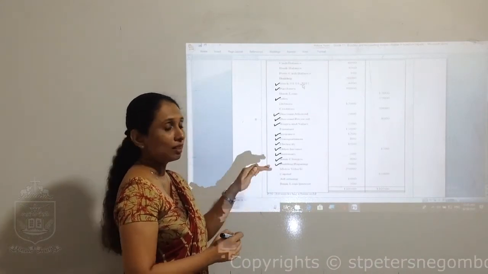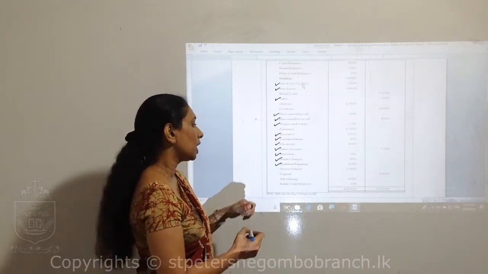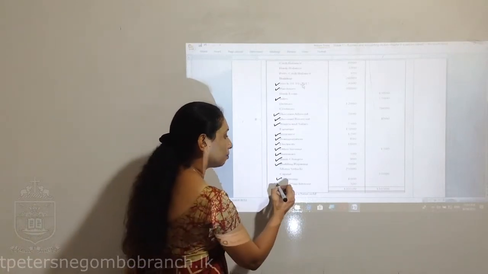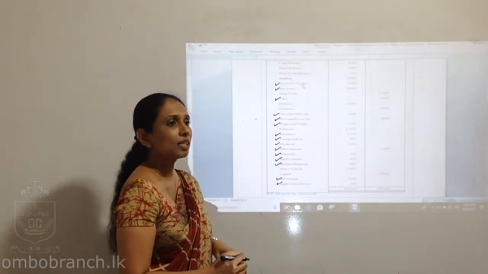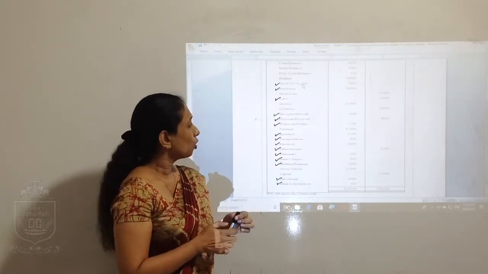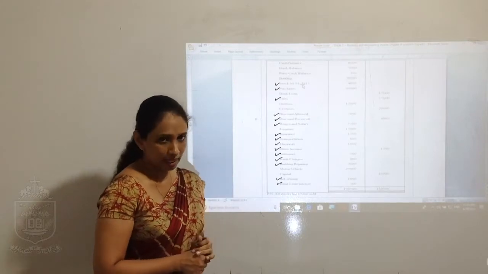Then capital, again no, it will go to the statement of financial position. Then advertising, a distribution expense, and the bank loan interest, again a finance expense. So these ticked line items will only be relevant for us to prepare the profit or loss statement.